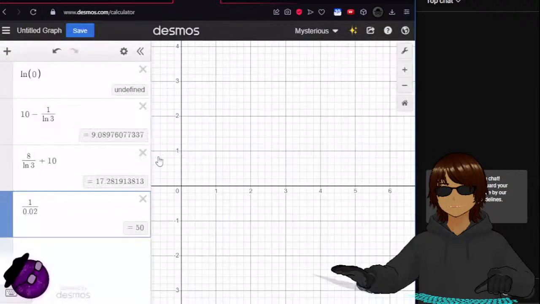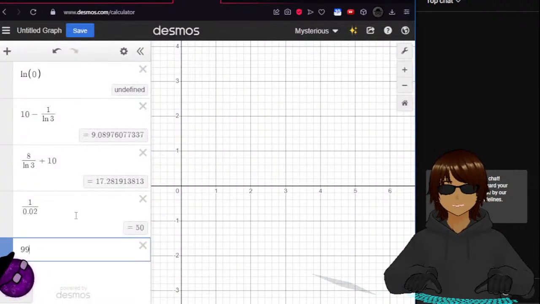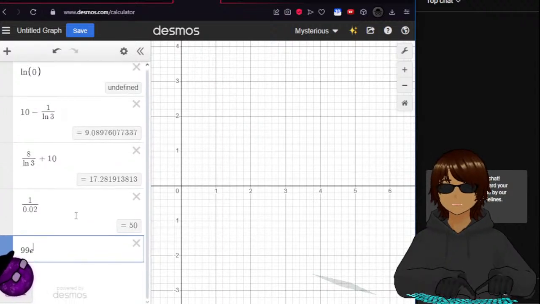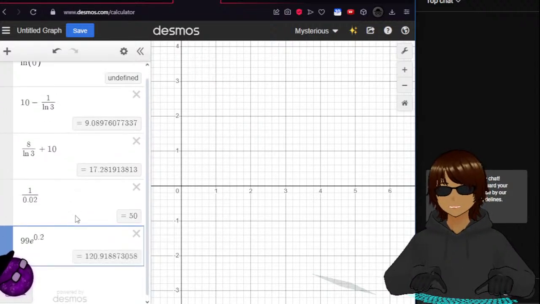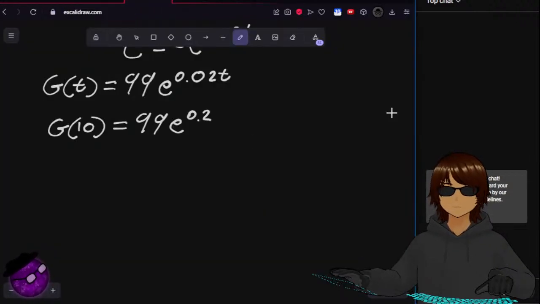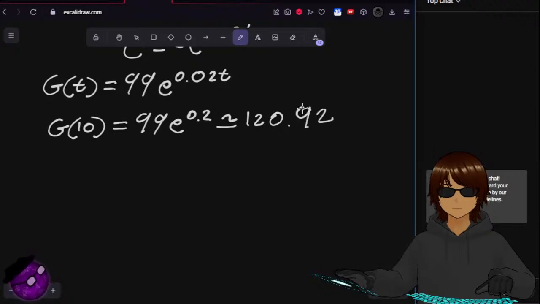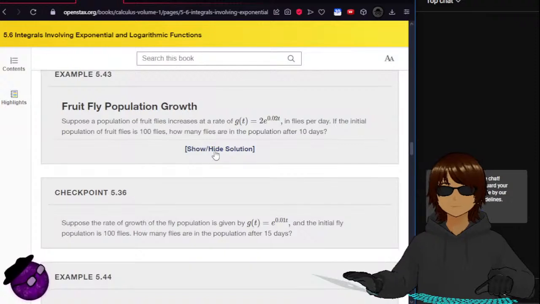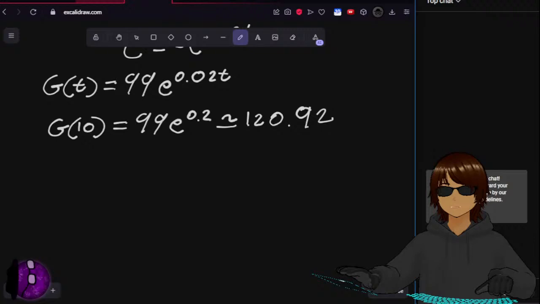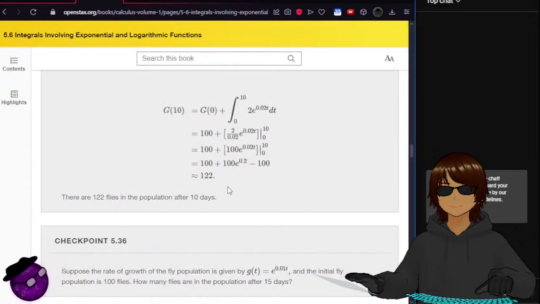That is the answer. This is about 99 e, 120.91. Around 122.